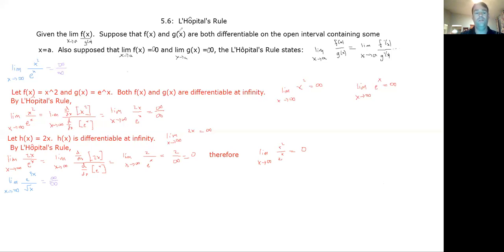We're going to go and do our setup here. Let f of x be equal to e to the 3x and g of x equal to the square root of x, or x to the 1/2 power.